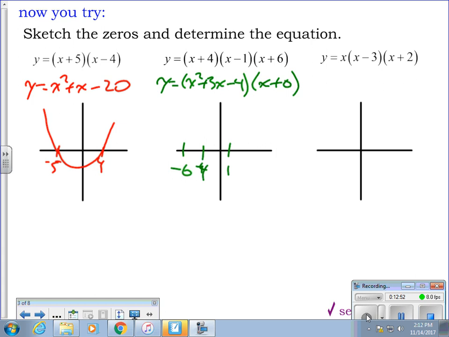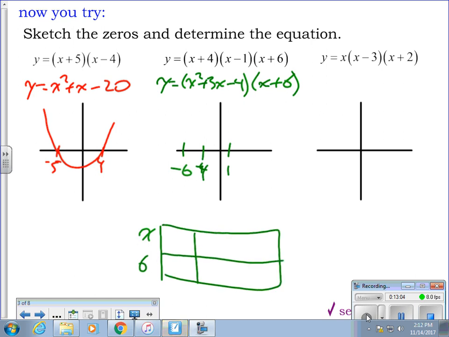And then multiply that times x plus 6. And I do not try to do this one in my head unless I absolutely had to. I still set up a box for this one. x squared, 3x, minus 4. So I get x cubed, 3x squared, minus 4x, 6x squared, 3 times 6 is 18x, 4 times 6 is negative 24.